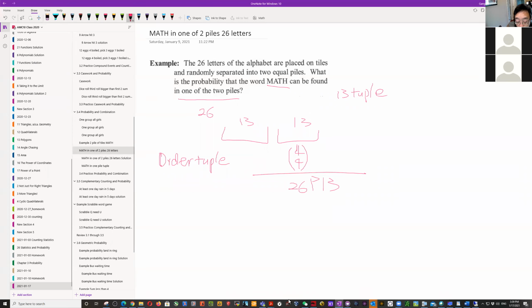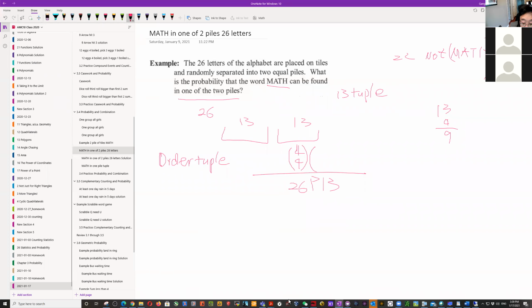So the length of the tuple is very important. You not just pick those 4. You need to pick the remaining 9 because 13 minus 4 equals 9. So for the remaining 9 letters, I have to choose from the 22 letters that are not M-A-T-H.